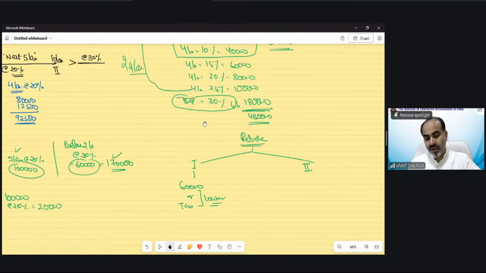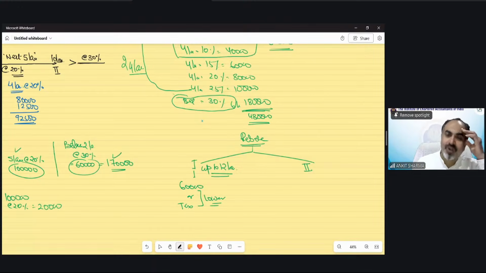Understood? Now, as in case of the optional tax regime, the rebate was 12,500 if income was up to 5 lakh. Exceeding 5 lakh rupees, there would not be any rebate. Correct? That would be the same in case of the default tax regime: if your income is up to 12 lakh rupees, you can take the rebate, and if it exceeds, you should not have any rebate.